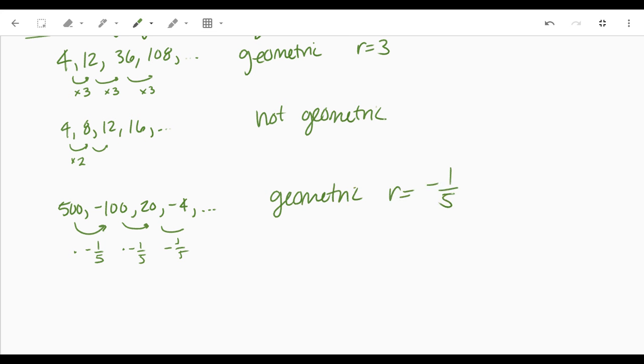Be real careful, because we know we're technically also dividing by negative 5, which is a good way to tell that it's geometric, but your multiplier needs to be negative 1/5. We can't talk about a constant divider. We have to ask, what do we multiply by to move forward?